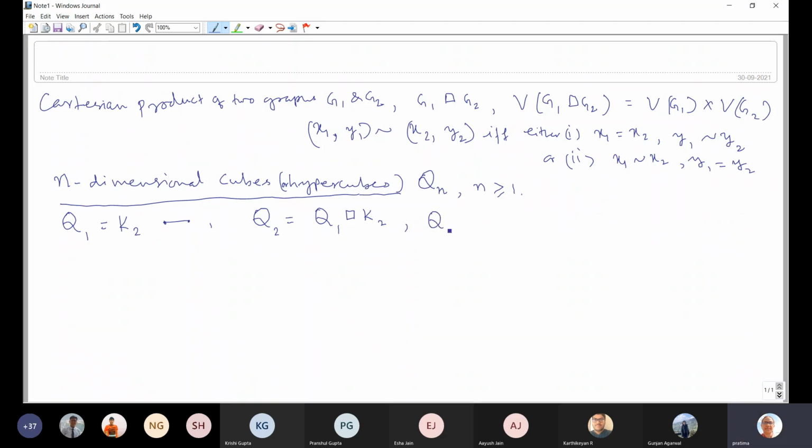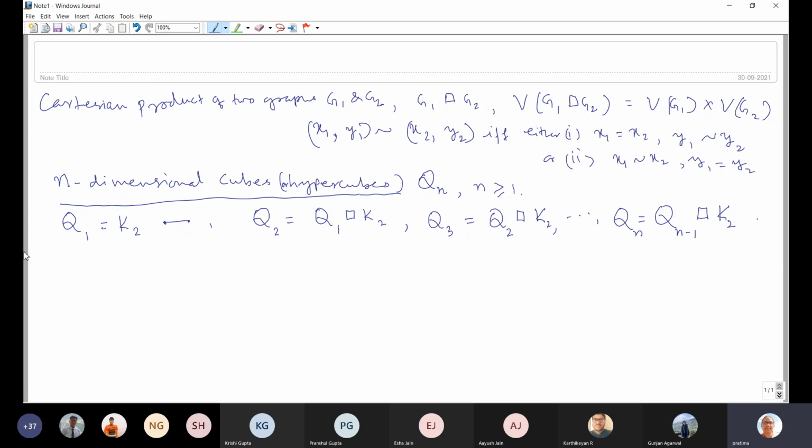Then Q3 is defined as Q2 product with K2. In general, Qn is defined as the Cartesian product of the (n minus one)-dimensional hypercube with K2. This product with K2 is fixed, and we obtain the n-dimensional hypercube from the (n minus one)-dimensional hypercube. This is how we define it.